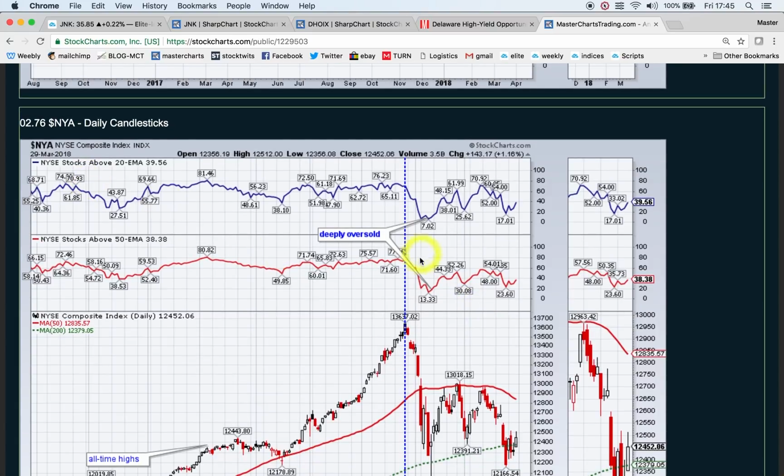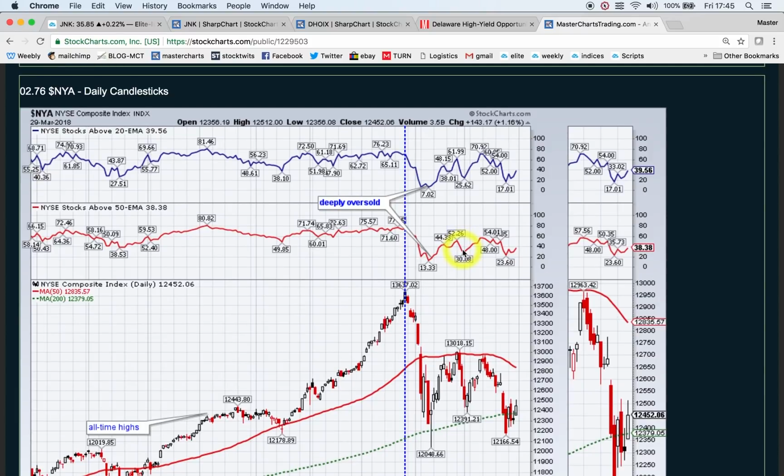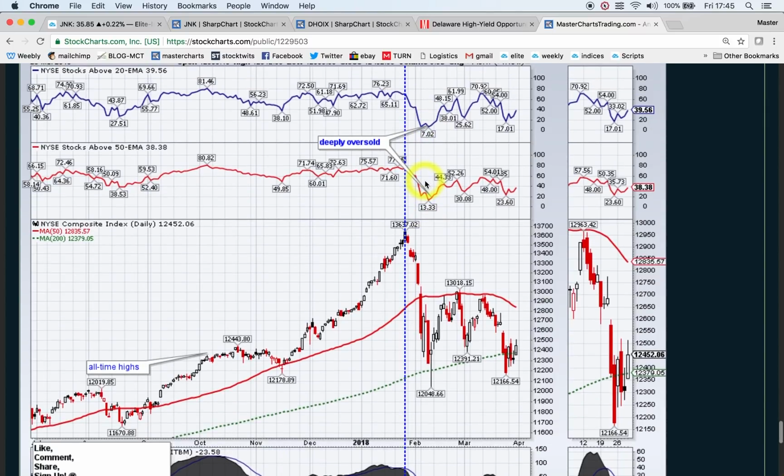So here's another way to look at oversold versus overbought. Here's the New York Stock Exchange Composite, percentage of stocks above the 20-day exponential moving average and percentage of stocks above the 50-day exponential moving average. So this is a pretty decent indicator. You can see we had deeply oversold levels back in February, and we're seeing similar levels now, so maybe we see another push lower, but I think we're definitely oversold.